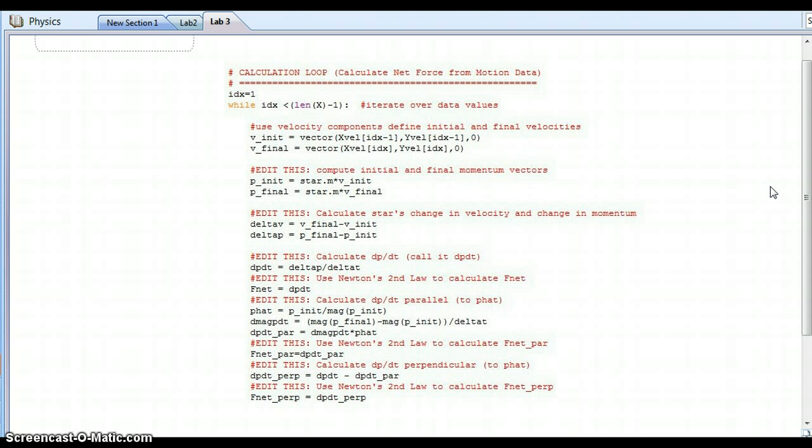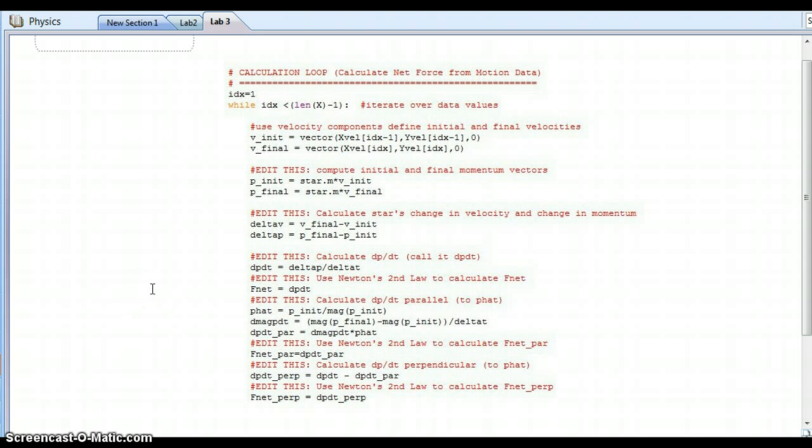Then I calculated p hat, which is the direction of the momentum, by dividing initial momentum by the magnitude of the initial momentum. Using that, I found the magnitude of dp/dt parallel because it is the change in magnitude of the momentum divided by delta t. I then multiplied that by p hat to get the parallel component of dp/dt, which is equal to the parallel component of Fnet.